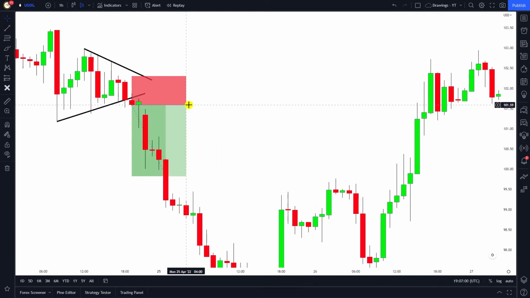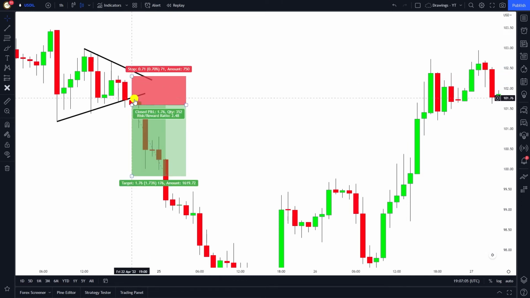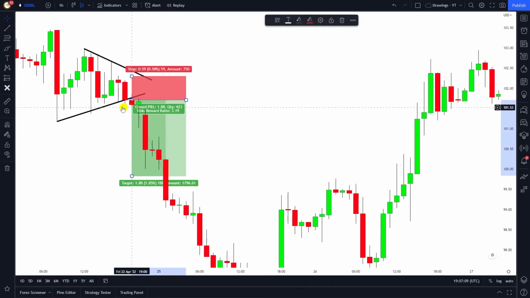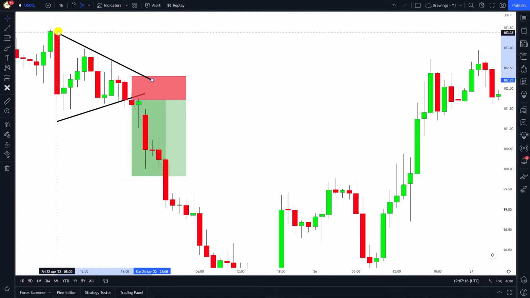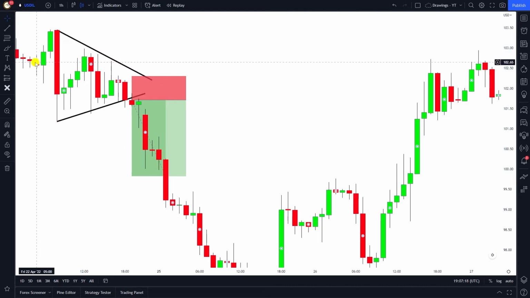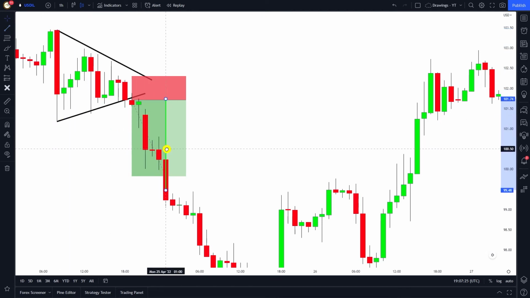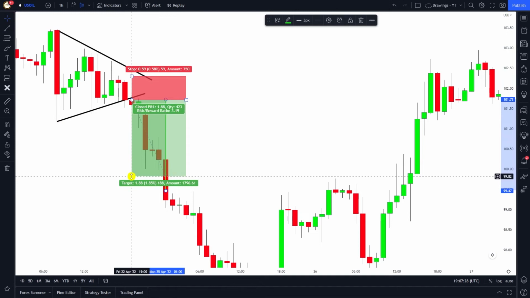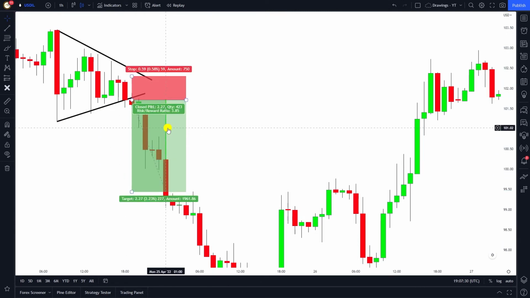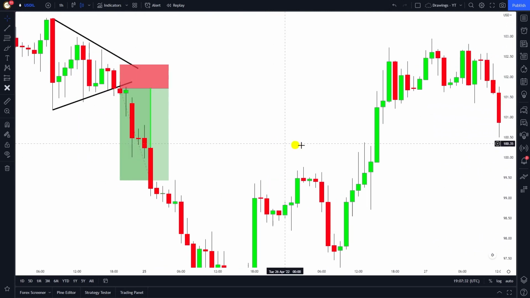A similar strategy applies: we would use this last swing for stop loss, and as soon as the market breaks out, we'll take the trade, and the difference between these two levels will be our take profit level. If I draw this, this will act as our take profit level. As you can see here, the market moved as we anticipated.